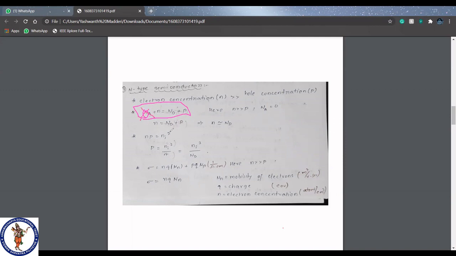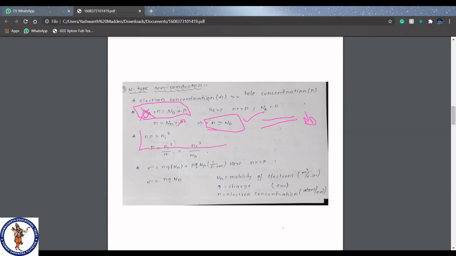This is ideally 0, and then we have the donor level, but here we are making a first approximation, that P is approximately 0. If P is approximately 0, then we get the approximation N equals Nd, which means the electrons present in the conduction band are mainly due to the donor atoms present in the donor level, not from the valence band. This is the meaning of this particular formula.